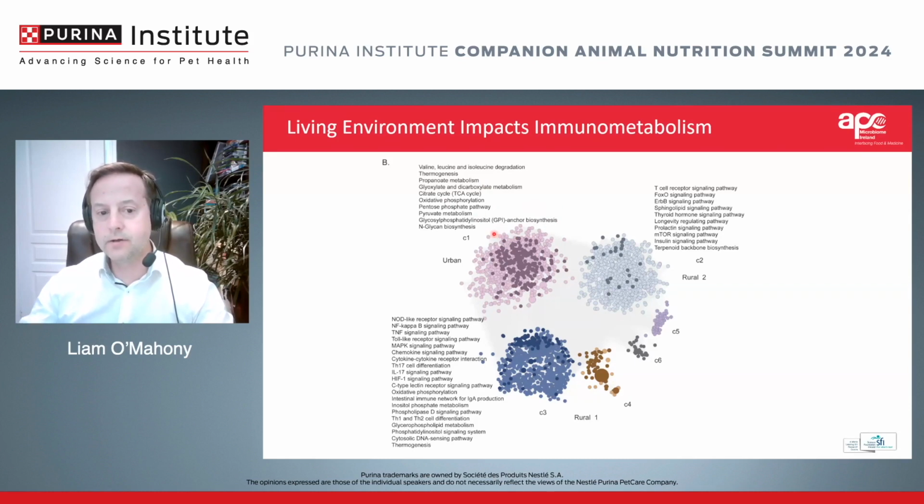These immune cells don't seem to be metabolically as capable as the immune cells from kids living in a rural environment. And if you look into rural networks that are our signatures, you can see again a lot of immune cell signaling and immune cell activation and T cell activation pathways that characterize kids growing up in rural environments.